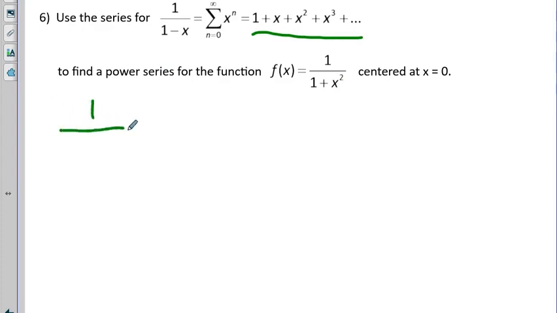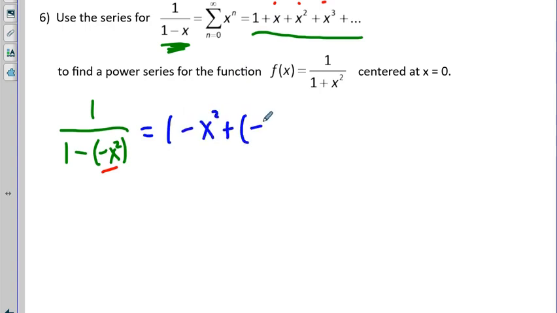So instead of dealing with inverse tangent's derivative, I am going to rewrite 1 over 1 plus x squared as 1 over 1 minus negative x squared. And so notice how similar that is to this thing up here. So what I'm going to do is substitute negative x squared into this series wherever I see an x. So the first term is going to stay 1, and then the x becomes negative x squared.